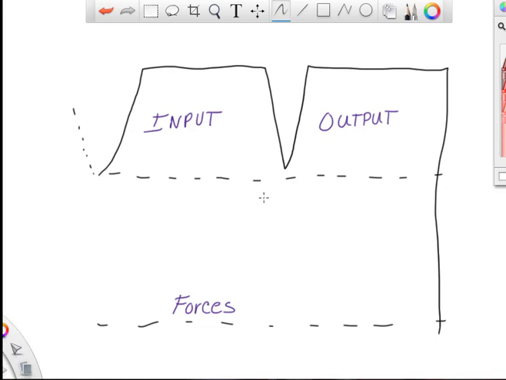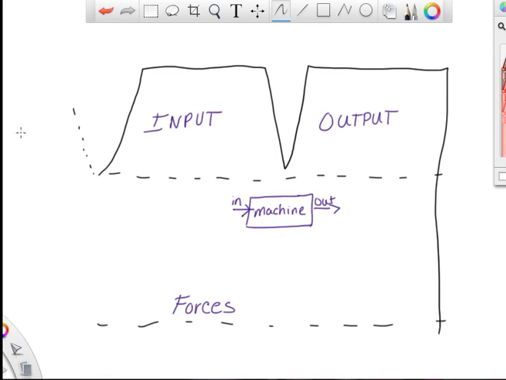Right? So if we have a machine, I'm putting this right here at that split point. Okay, this is the in, and this is the out.